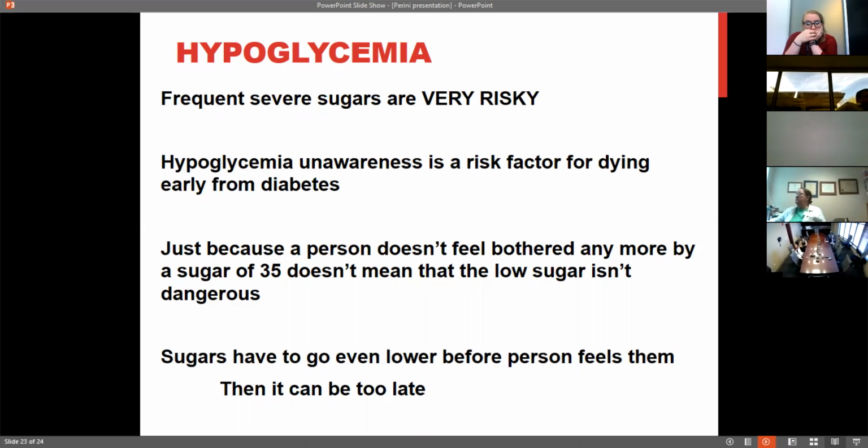Because if every day or every other day they're having sugars down to 30, their body is going to stop freaking out about it. All the normal catecholamines and all the normal signals to make you freak out from a low sugar and sweat, you're just going to stop feeling those symptoms, and you're not going to know that it's low till it's really low.